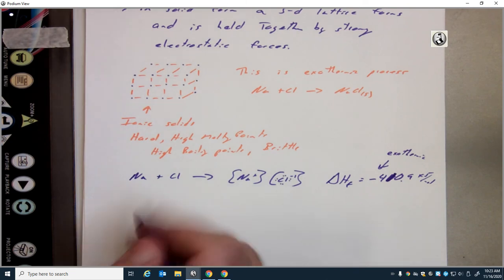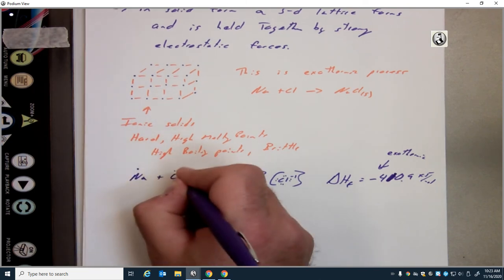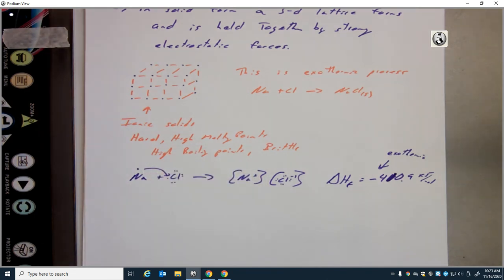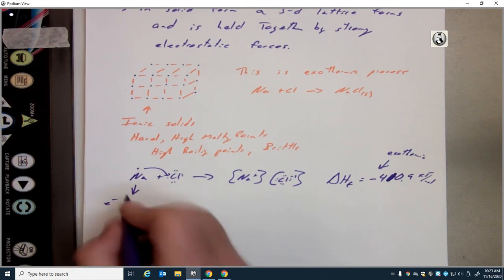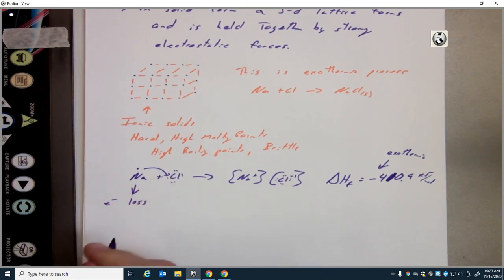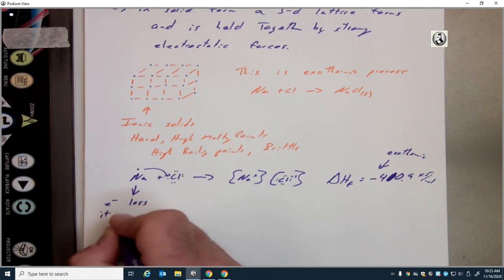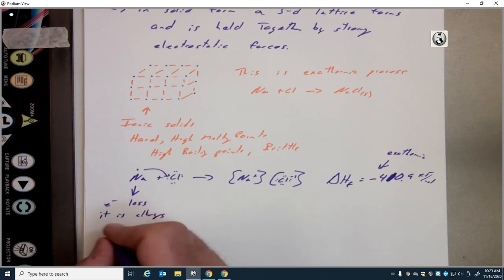Now, we know that sodium is losing electrons, and the chlorine is going to gain that electron. When a substance loses electrons, it is always endothermic.